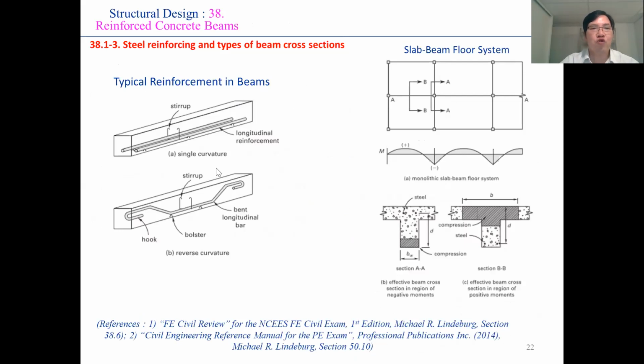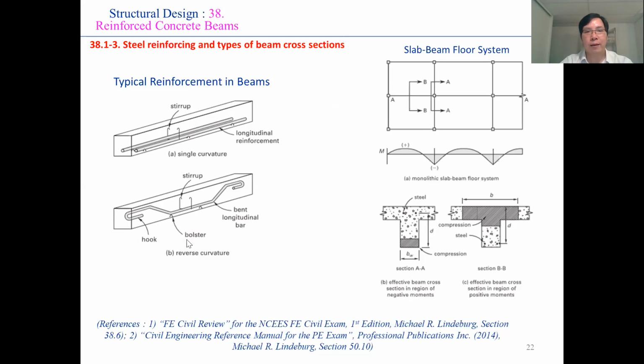Now, I would like to show you a reminder about the steel reinforcing and types of beam cross section. This figure shows some typical reinforcement in a beam.